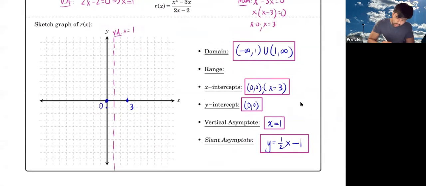So it'll be from negative 1, it'll be something like this. Then like this. Then like this. And we keep on going. And I should have drawn with a red color, pink color, I mean. Something like this. So this is going to be my slant asymptote. y equals 1/2 x minus 1, slant.